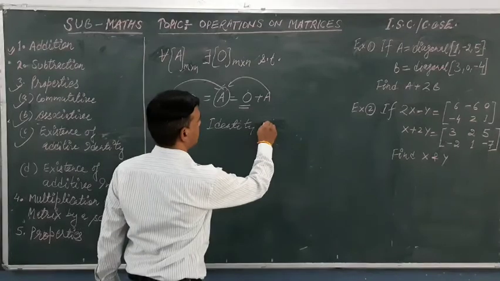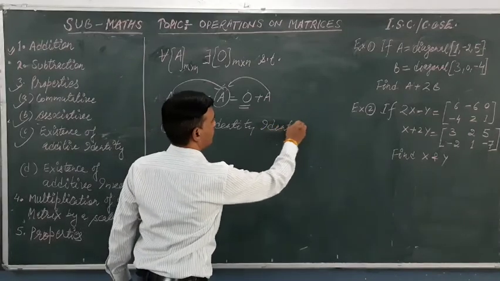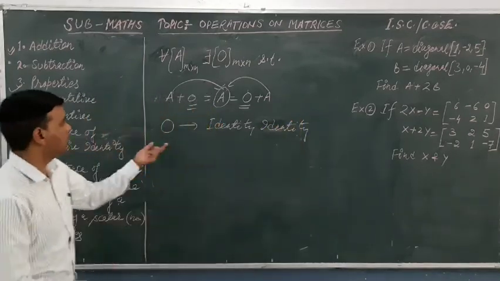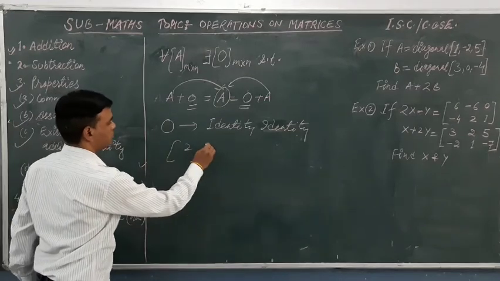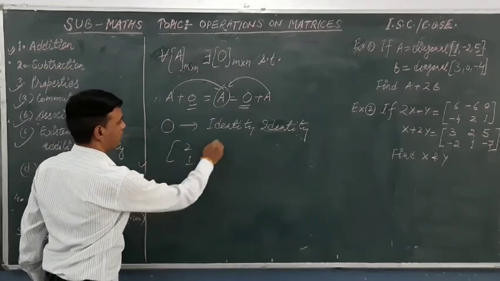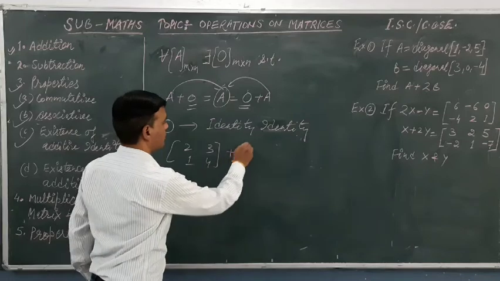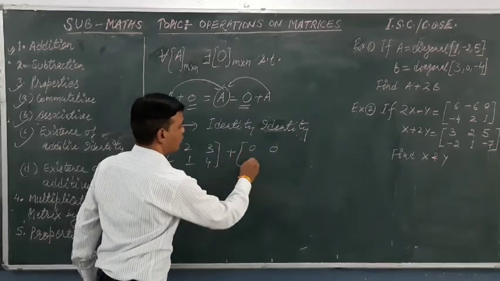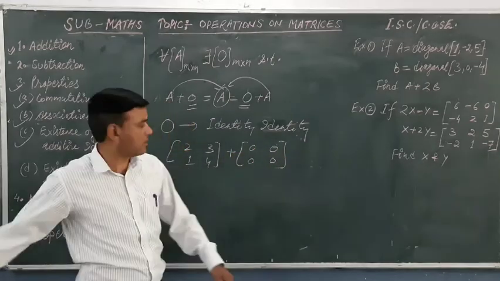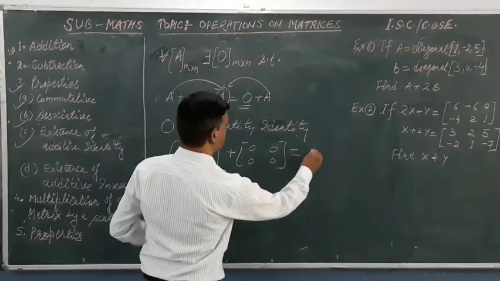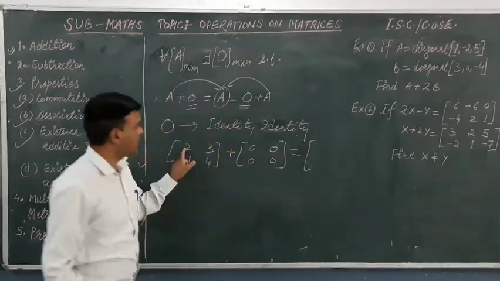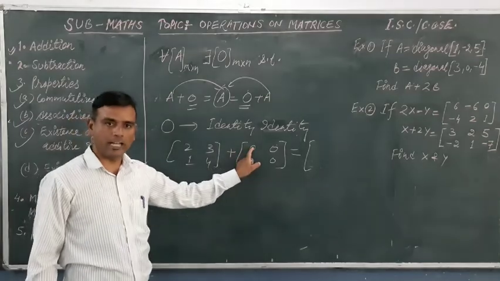So this will be the additive identity for every matrix. For example, suppose I have a matrix 2, 3, 1, 4, and I add it with the matrix O, or null matrix, which we studied yesterday. Then we always get the same matrix, as the corresponding element is added with the corresponding element of this matrix.